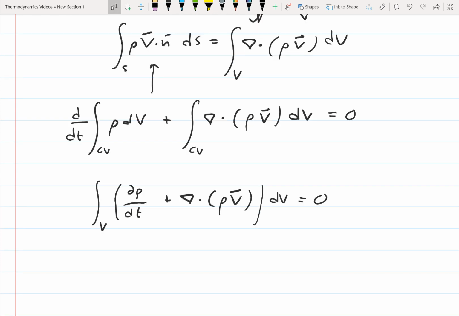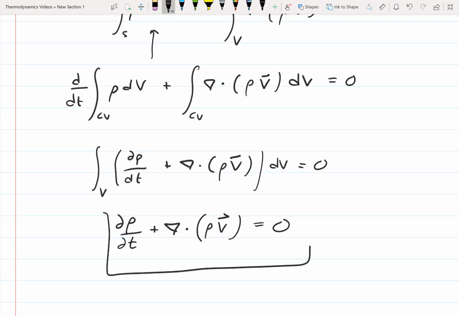So then this gives the partial of the density with respect to time, plus the divergence of rho v, is equal to 0.